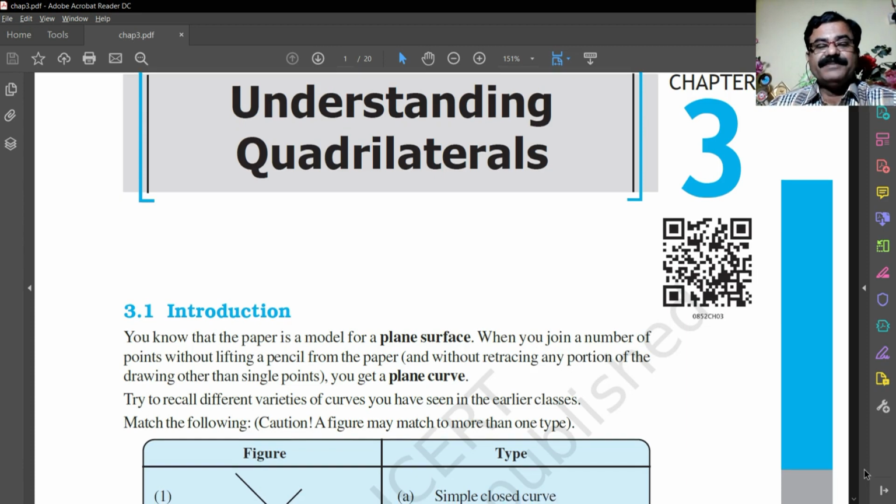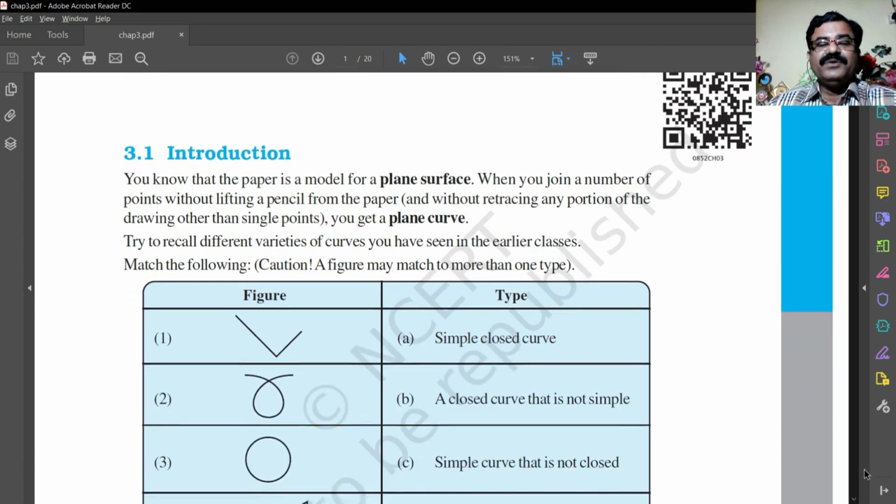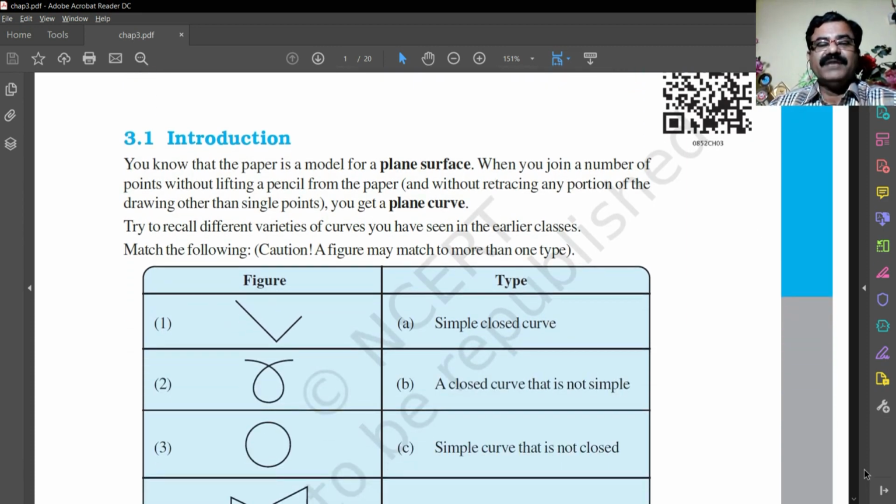Now students, there are two types of curve: closed curve and open curve. Closed curves are those curves whose two edges, that is the ends of the two parts, combine to each other. This is called the closed curve. While in open curves, they are not combined to each other.